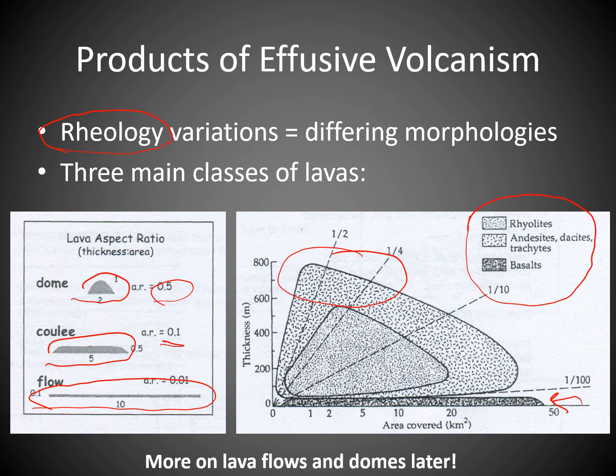Flows on other planets, flows on environments that don't allow people to get close to. So just looking at the aspect ratio, length to thickness, gives you an idea of what kind of composition that lava flow or dome or coulee might be.